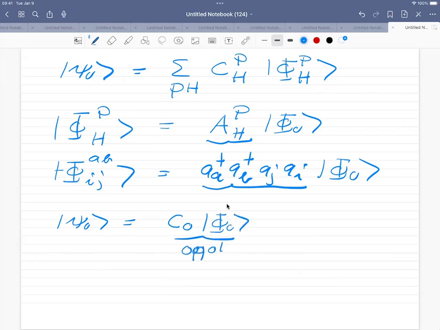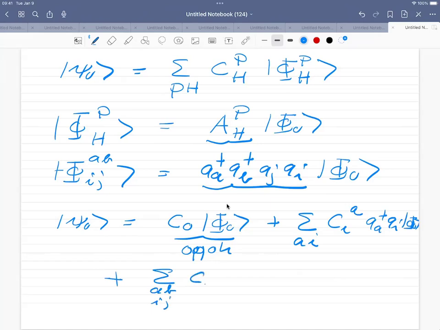And then, since I'm now summing over all the particle states and all the hole states, this is now going to be given by a coefficient which is unknown. And then I have my a dagger a, a i acting on phi 0. And then I continue like this with a b, i j.